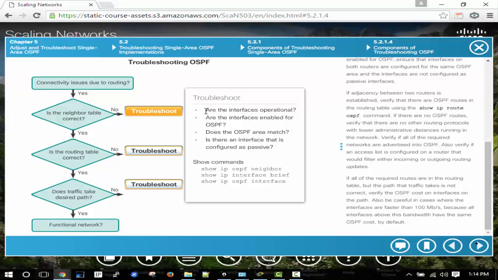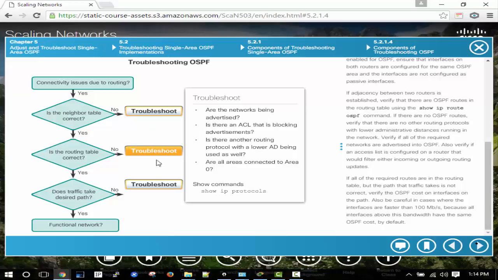Most likely, are the interfaces operational? Do we have MD5 on them? Whatever. Well, you do the show commands. Go ahead and go through this, because it'll give you where your show commands are.